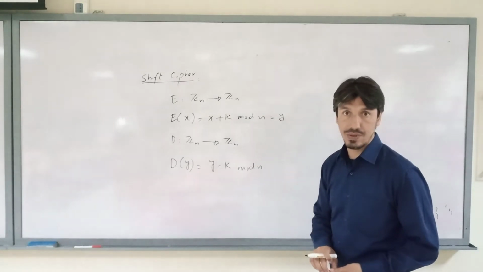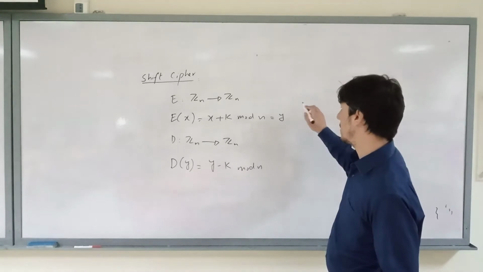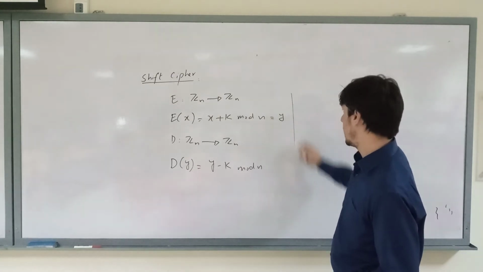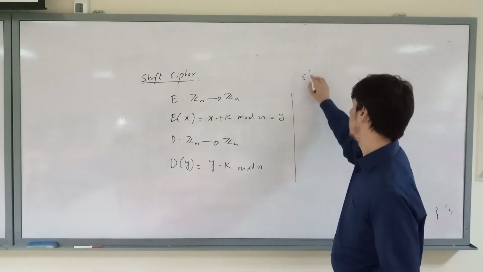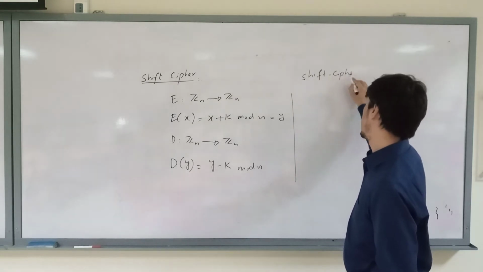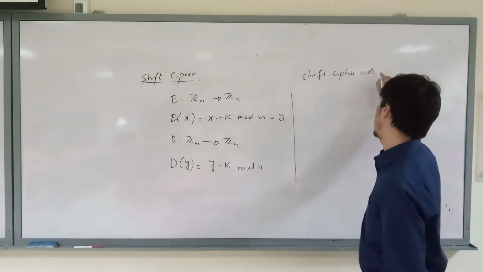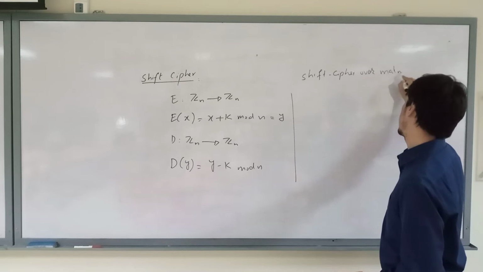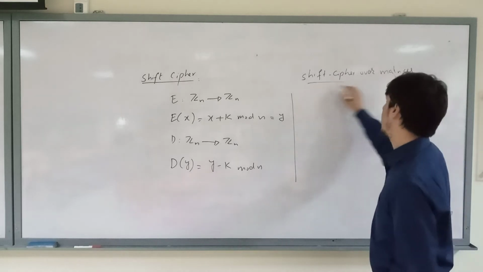So what I have to do is start my generalization of the shift cipher over matrices. So what does it mean?